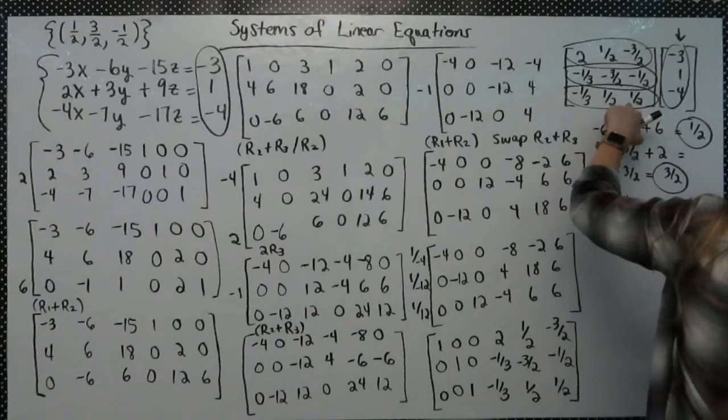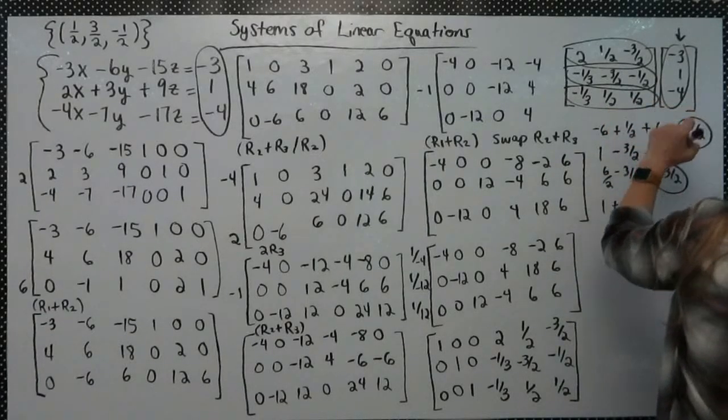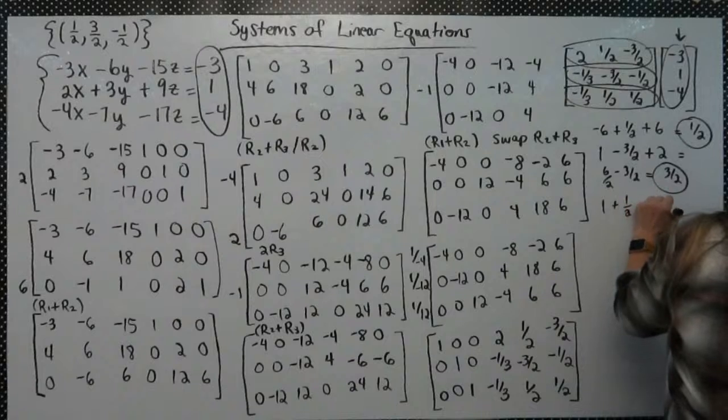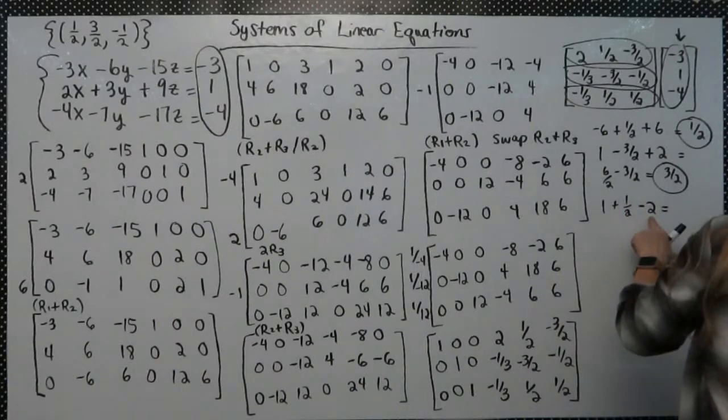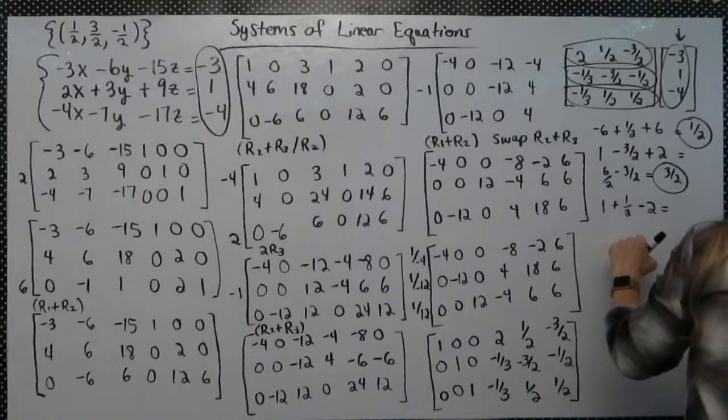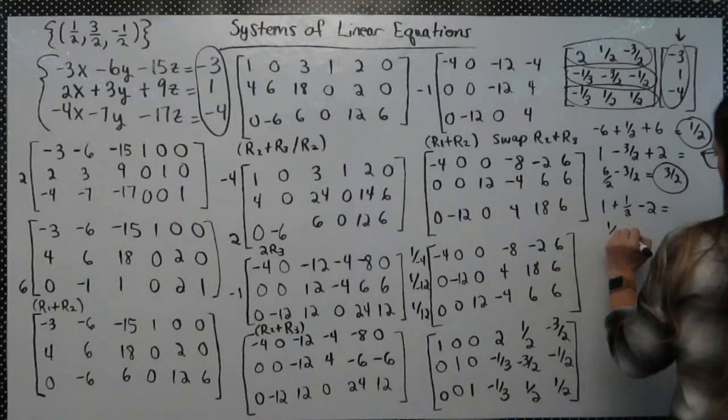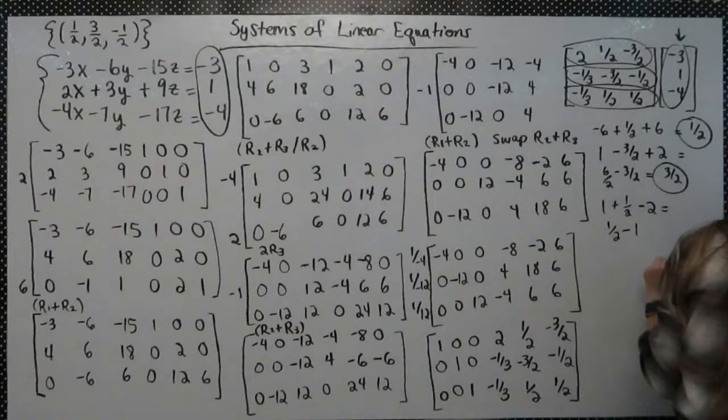And 1/2 times -4 is -2. Okay, so -2 plus 1 is -1. So I have 1/2 minus 1. So that's 1/2 minus 2/2. So that's a -1/2.